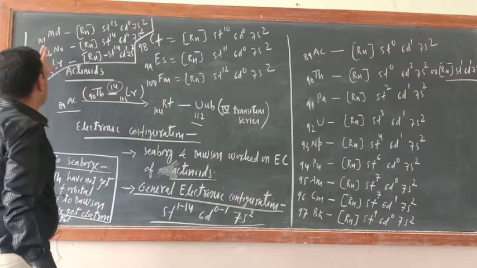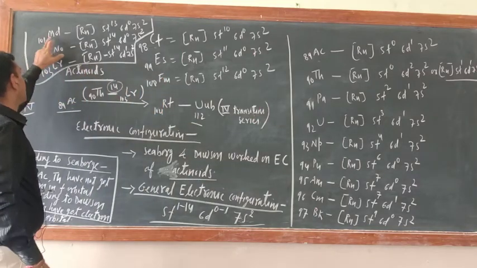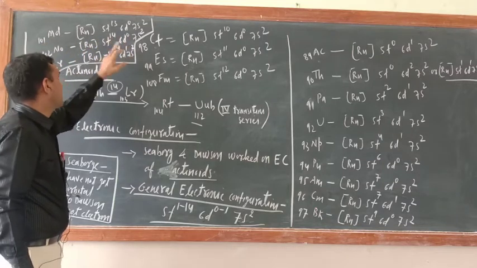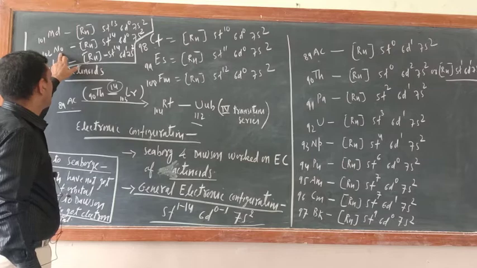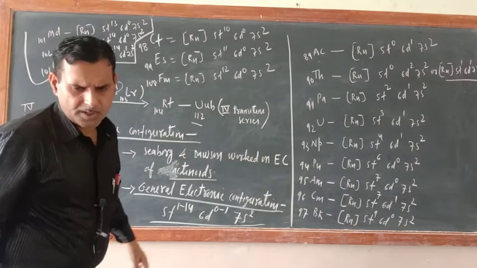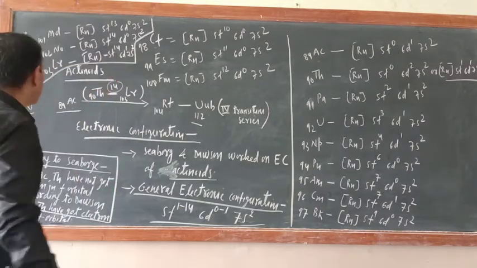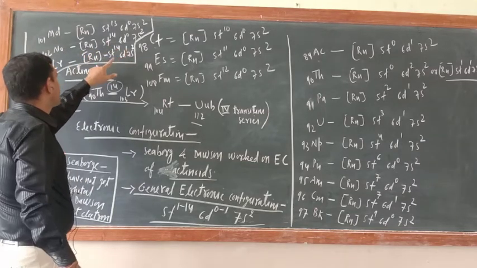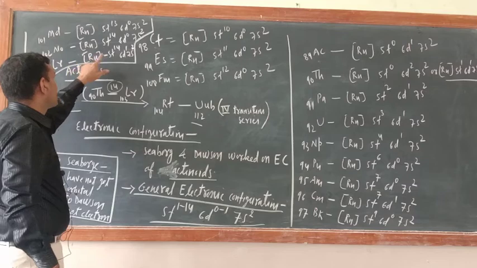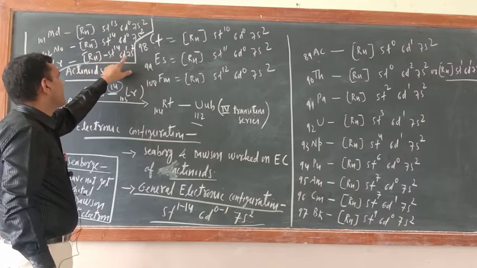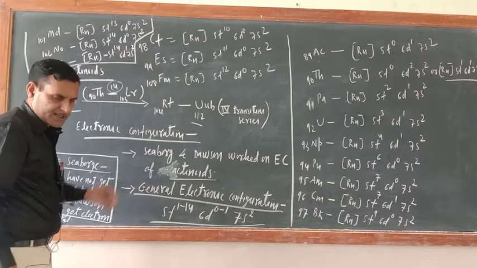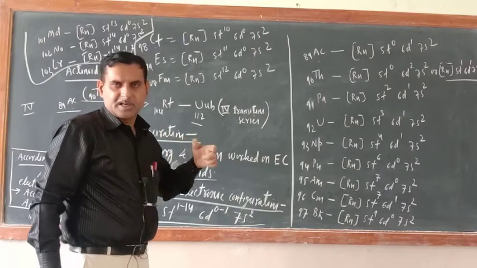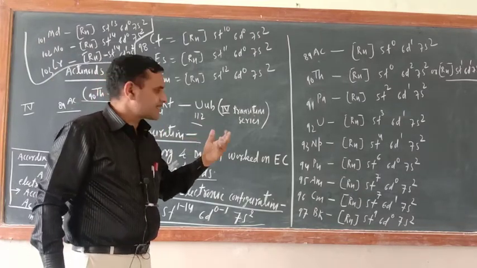Now this is Mendelevium 101: 5f13 6d0 7s2. Next one is nobelium: 5f14 6d0 7s2. Lawrencium: 5f14 6d1 7s2.